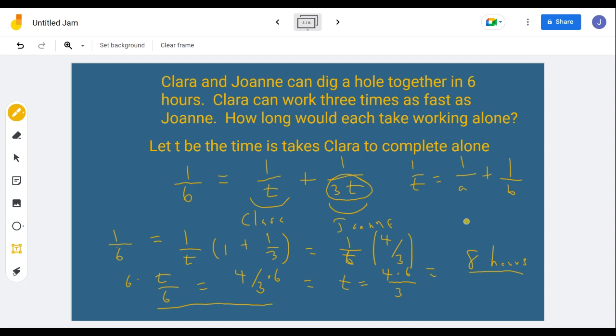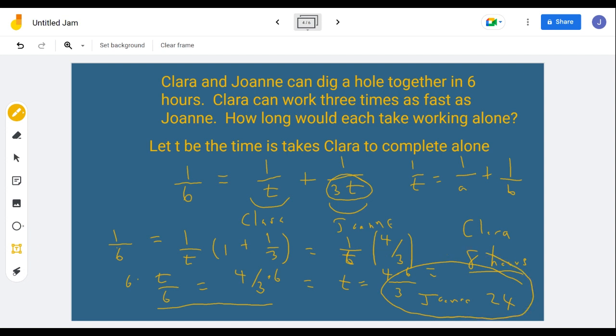So that's Clara. Clara would do it in 8 hours working alone. And how long would Joanne take? Well, Joanne is the slower one. So Joanne would be 3 times 8, which is 24. So Clara's 8 hours and Joanne's 24 hours.